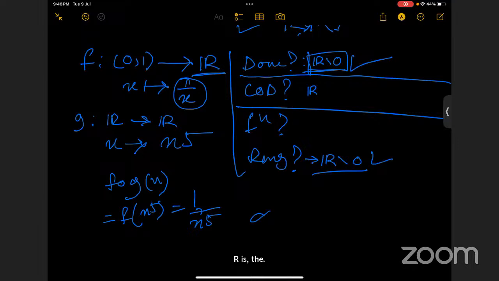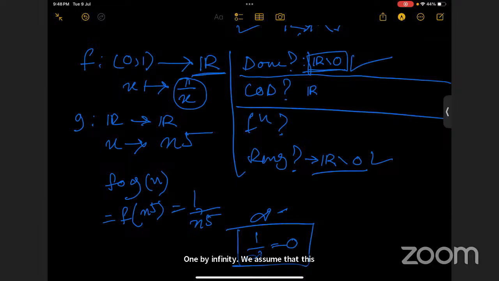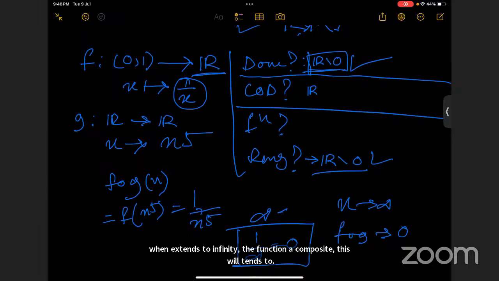Because infinity is not a defined number, right? 1 by infinity, we assume that this equals 0, but this is not a defined number. So when x tends to infinity, the function f compose g will tend to 0, but it is not exactly 0 because we cannot put x equals infinity here, right?